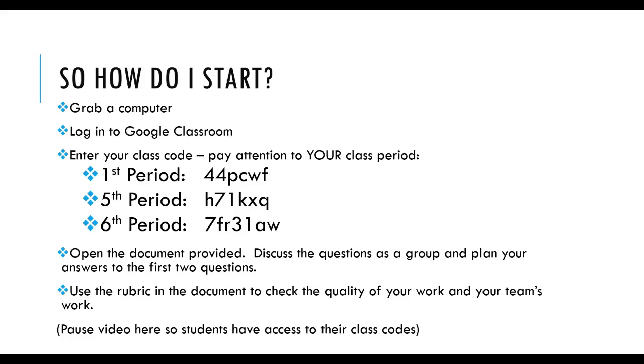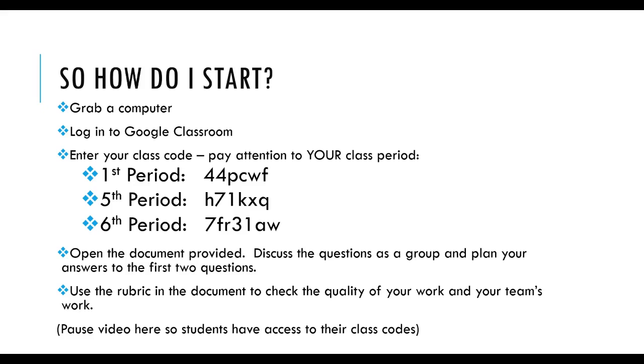So how do I start? Grab a computer, log into Google Classroom, and enter your class code. If you don't know how to log into Google Classroom, it's just classroom.google.com, so that's super simple. Then for your class code, you'll hit join a class in the top right-hand corner.